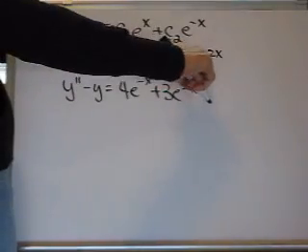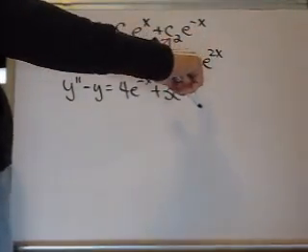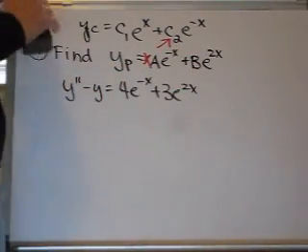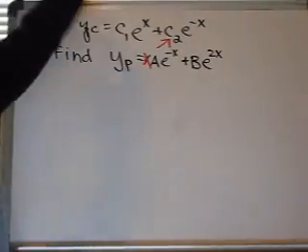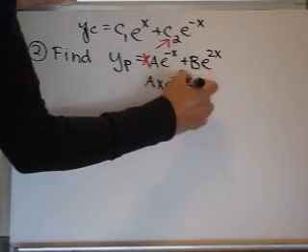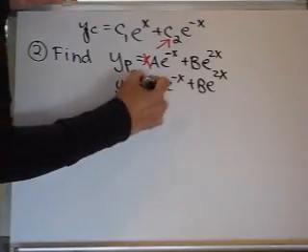The second term, e to the 2x, is different from both e to the x and e to the negative x. So I don't need to multiply it by anything because there is no redundancy there. So my particular solution will look something like ax e to the negative x plus b e to the 2x when I account for redundancies.